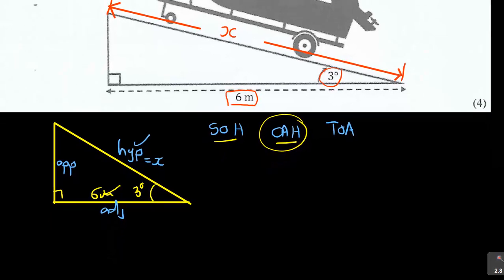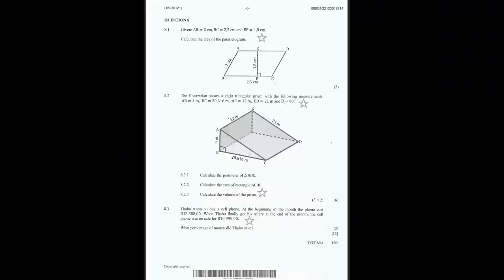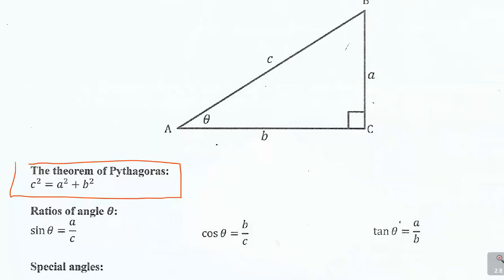So now when I work on it, it's cos theta is equal to adjacent over hypotenuse. If you forget it, you still have the formulas. Let's go to the formulas. There you get your cos. Look at it, cos theta, with that particular theta and the 90 degrees, it's b over c.